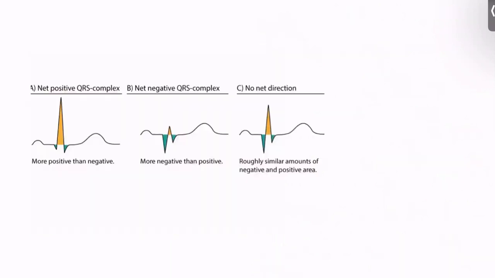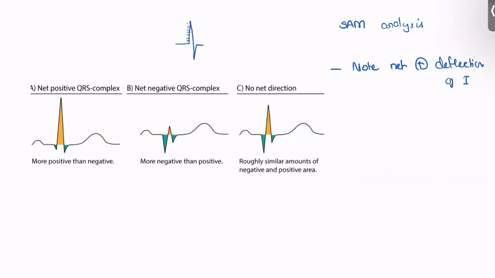Another method is the SAM analysis, the super axis man SAM analysis. First we note the net positive deflection of lead 1. We use lead 1 and AVF for this method. We count the small squares: 1, 2, 3, 4, 5, 6, 7, 8, so plus 8.